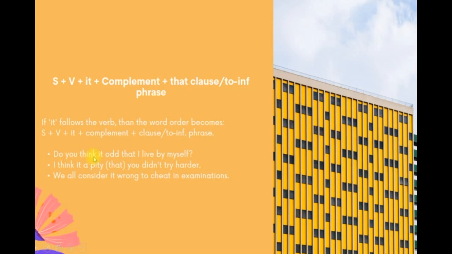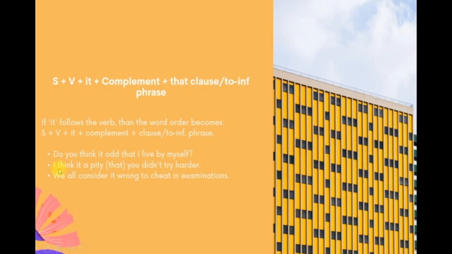Do you think it odd that I live by myself? Okay, so it here follows the verb think, and then followed by that clause, that I live by myself. If it is a clause, then you will have a subject here, subject I, and then followed by the verb live.